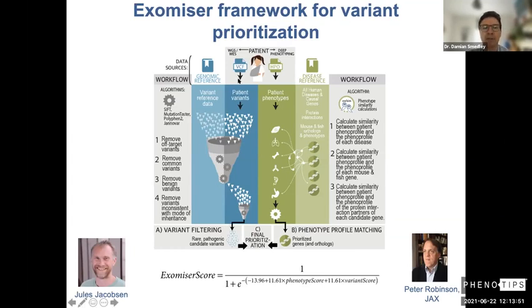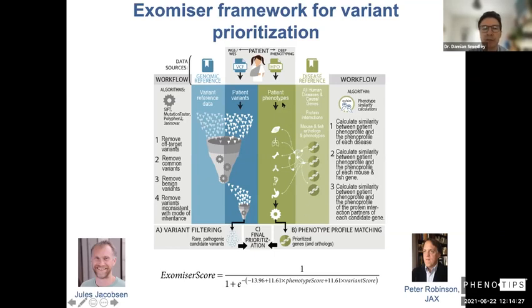And what Exomizer does in essence is to take 2 inputs: a variant call format VCF file from a whole exome or whole genome sequencing experiment, and then a set of human phenotype ontology terms from deep phenotyping of the patient. So over on the left, it will perform the usual variant filtering to produce a set of rare segregating pathogenic candidate variants. So it's removing common variants that are seen in gnomAD at higher frequency. It's removing variants that don't segregate with disease, for instance.